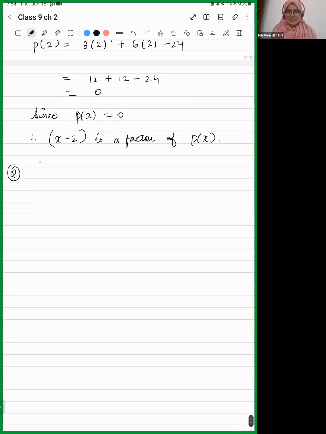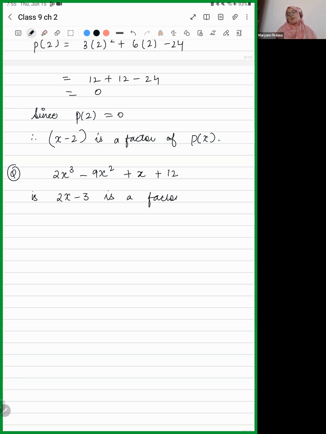Now let's do another question. This is a polynomial, 2x cube minus 9x square plus x plus 12. You have to find whether 2x minus 3 is a factor.